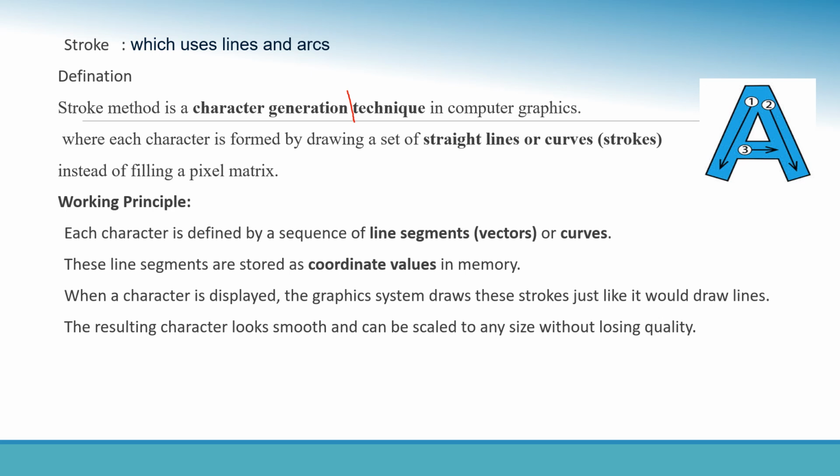When a character is displayed, the graphic system draws these strokes just like drawing lines. I hope this is clear. The resulting characters look smooth and can be scaled to any size without losing quality.